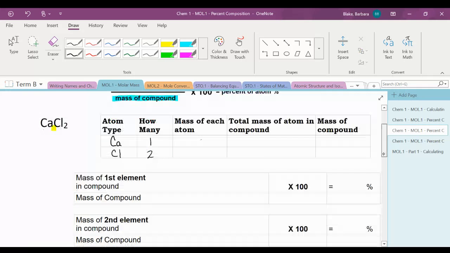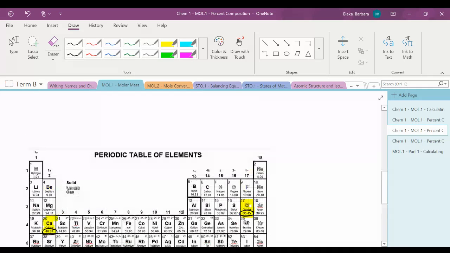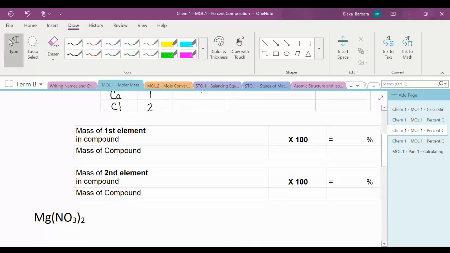The mass of each atom comes from my periodic table. So I can go down to my periodic table and I can find calcium, and I can find chlorine. And I can take the mass of calcium, which is 40.08. I can take the mass of chlorine, which is 35.45, and I can bring those up here.